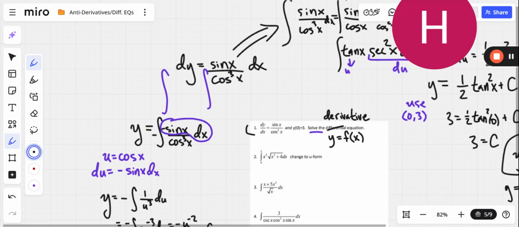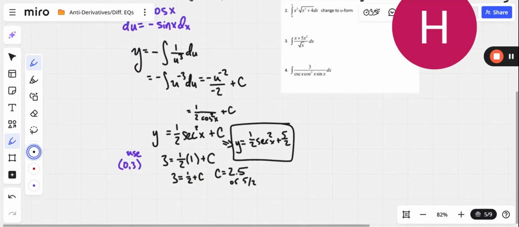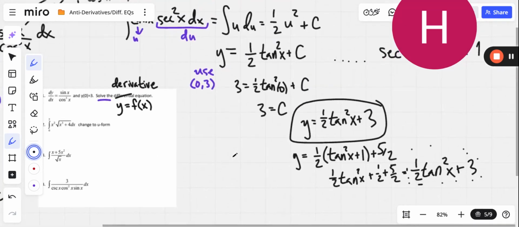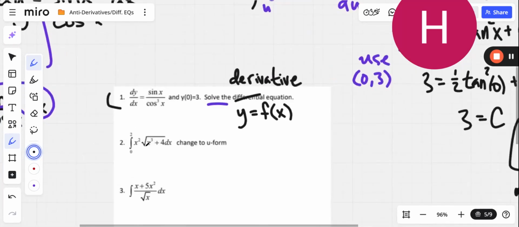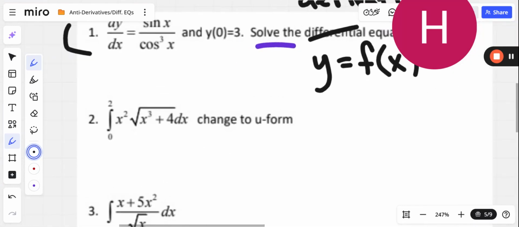So, yeah, pretty straightforward to use a u-sub that way as well. Okay, so moral of the story is that this function works, 1/2 secant squared plus 5/2, and 1/2 tan squared plus 3 also works. Yeah, great problem, really great problem.